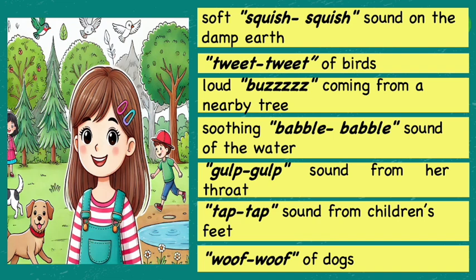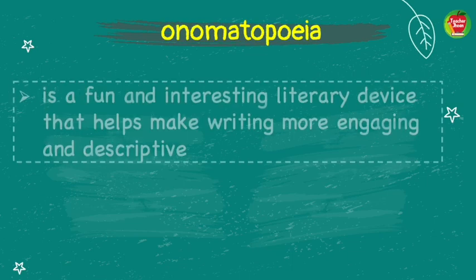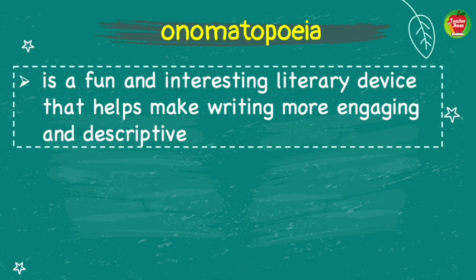These highlighted words are examples of the literary device. What do you think we call it? We call it the Onomatopoeia. It is a fun and interesting literary device that helps make writing more engaging and descriptive.